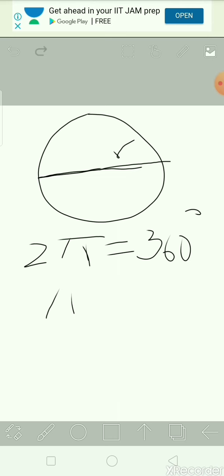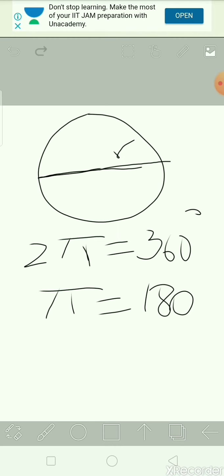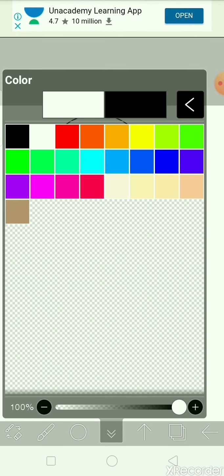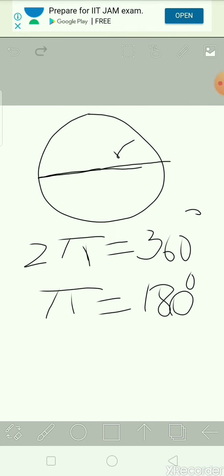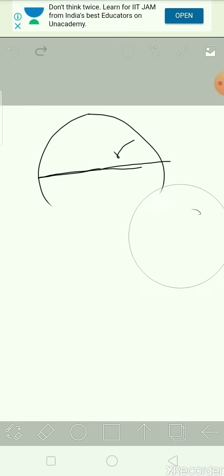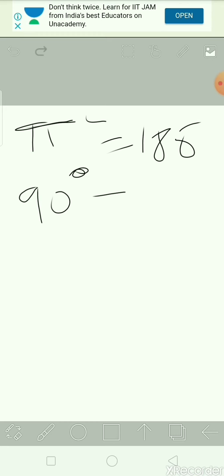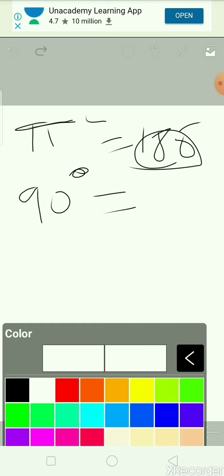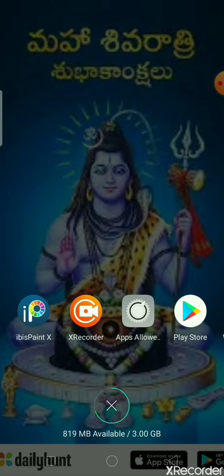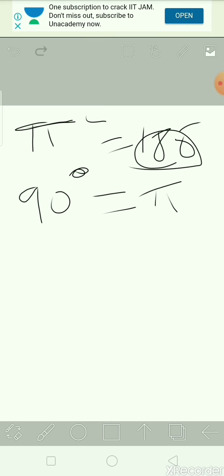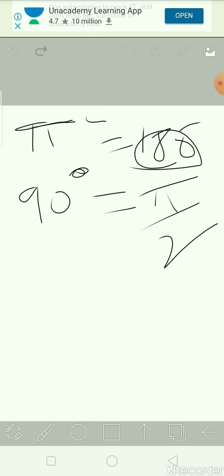And 90 degrees, what would be 90 degrees? 90 degrees would be pi by 2 radians. Sixty degrees would be pi by 3 radians. 45 degrees is pi by 4 radians. And 30 degrees is pi by 6 radians.